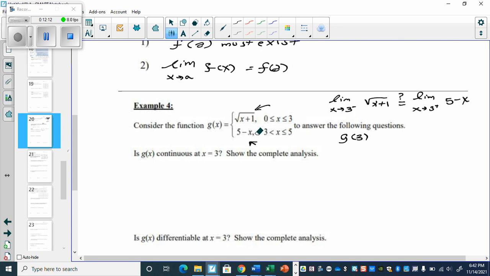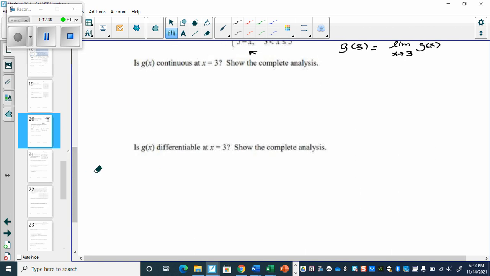And it kind of doesn't for this bottom one, because 3 is less than all these x values. So there's a hole at 3. The last thing you'll want to check is, does the limit as x goes to 3 of g of x equal g of 3? And that's only if the limit exists. If it doesn't, then you pretty much can stop there. Is it differentiable at 3? Well, only if this is true.